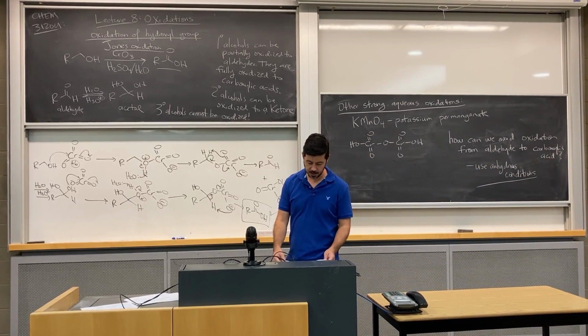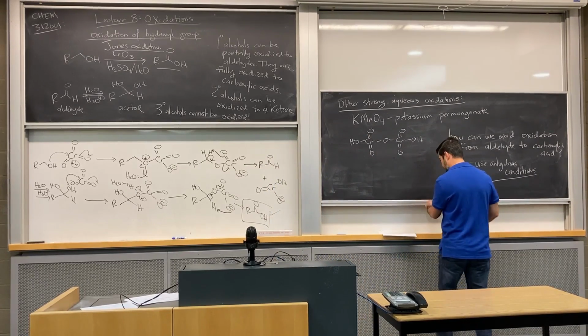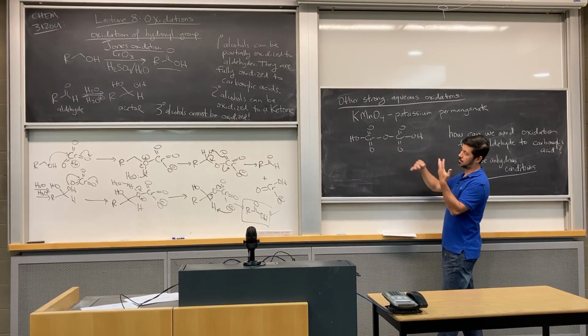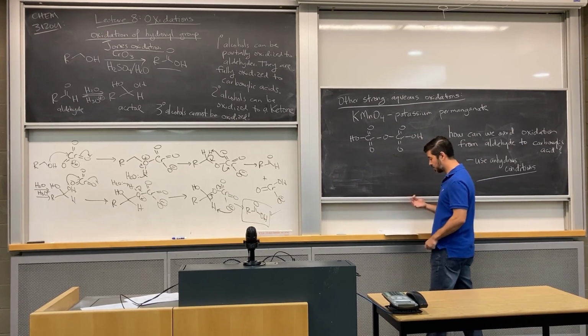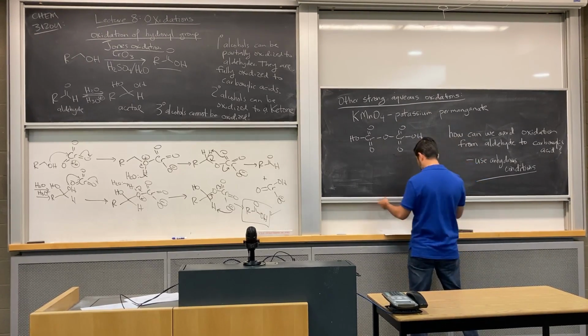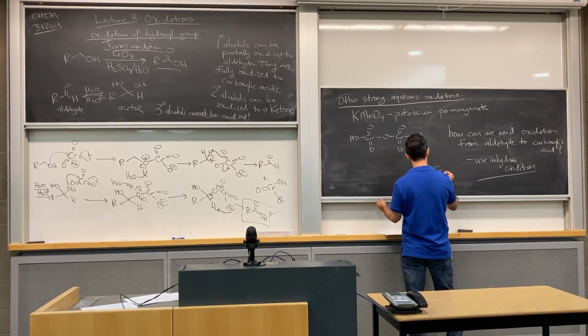So a couple good examples are some molecules that retain that chromium character where it's very reactive, but you can do them under anhydrous conditions. So one of them is called pyridinium chlorochromate.